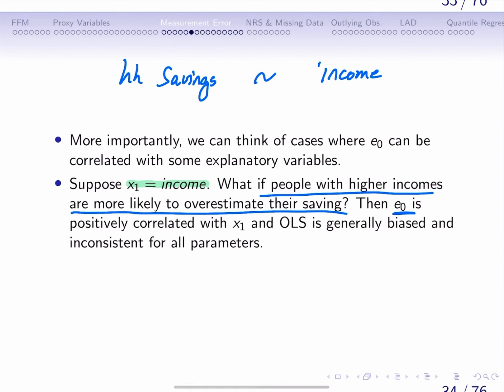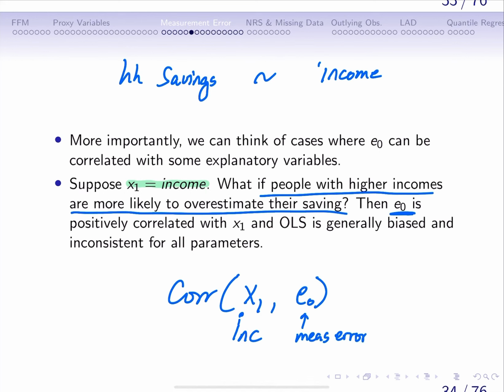Then you would have the case that E naught is going to be positively correlated with X1. So we're asking, what would be the correlation between income, our X1, and this measurement error in the way we defined it? What is the sign of it? Is it positive? Is it negative? So you want to think about these cases.